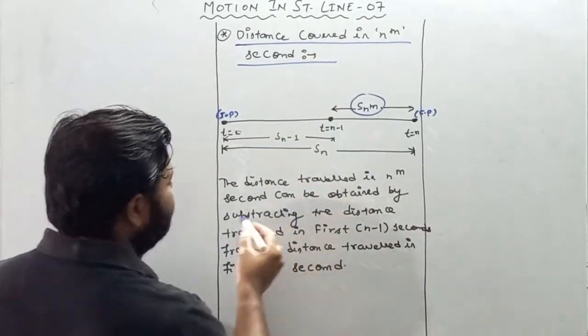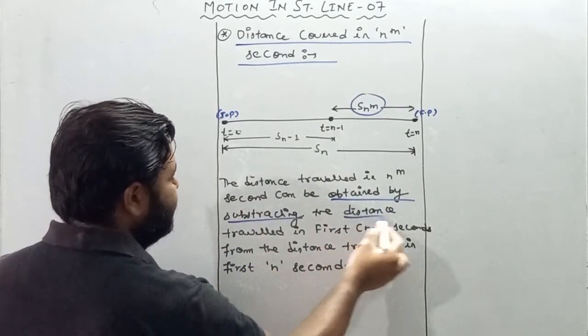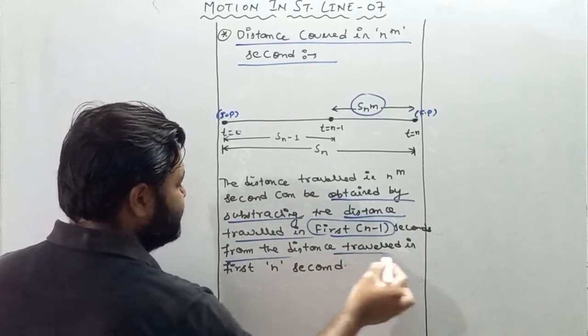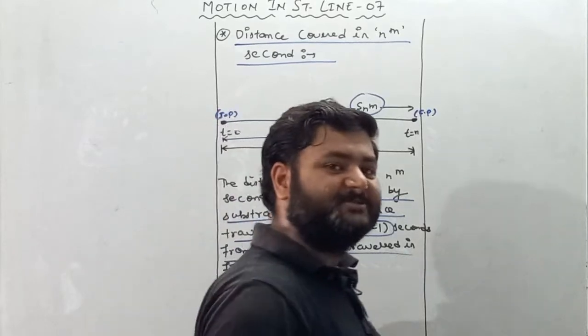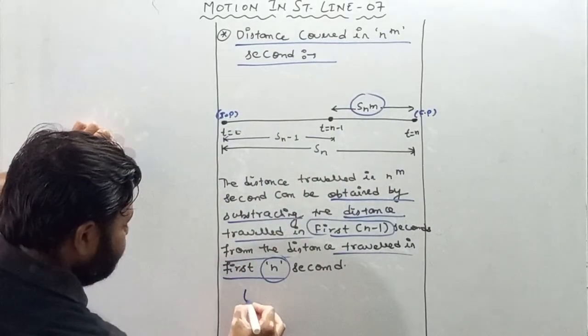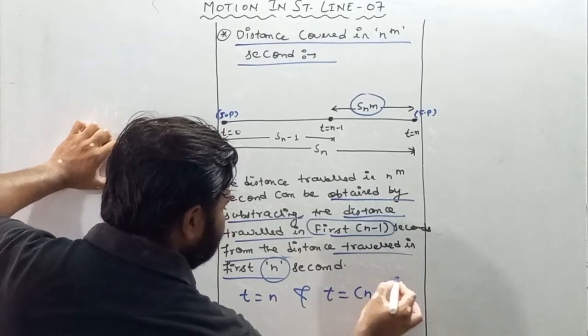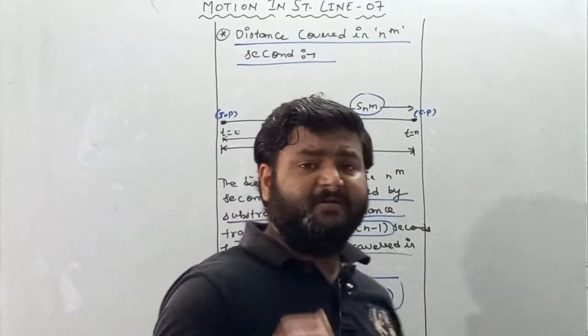So distance traveled in nth second can be obtained by subtracting the distance traveled in first n minus 1 seconds from the distance traveled in first n seconds. So we have two different times, my dear student. Remember this thing. One time is t is equals to n and the other time is t is equals to n minus 1. Nothing special in this. It is not at all tough.